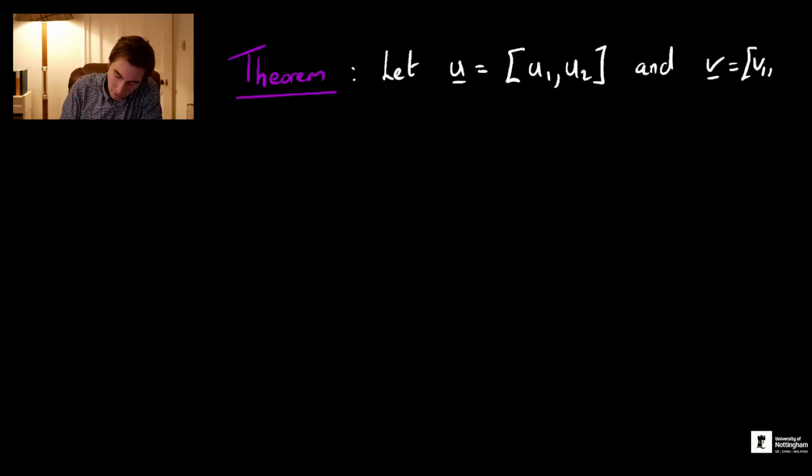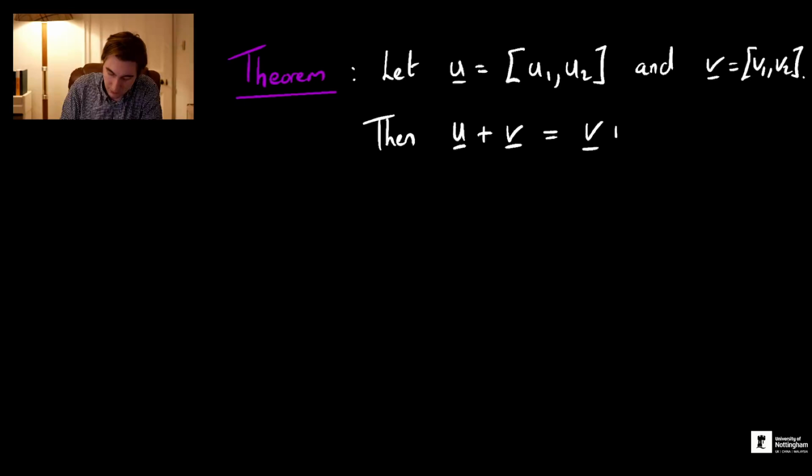So we need to write our first theorem. That geometric picture motivates our starting theorem. So maybe let's write theorem here. Our theorem says if we let u be represented in this coordinate representation as u1, u2, and v equal v1, v2, so these are two vectors in R2, then it follows that u plus v, where this is the addition of vectors, is the same as v plus u.